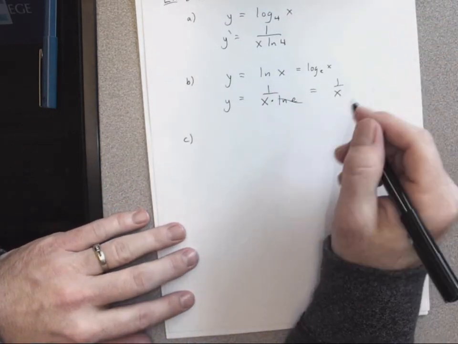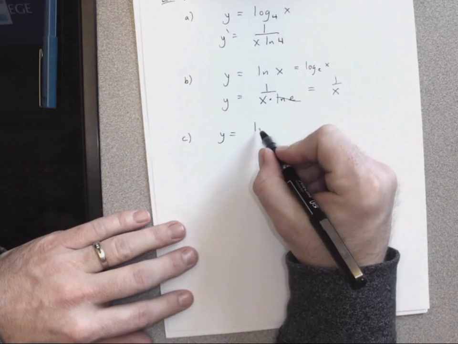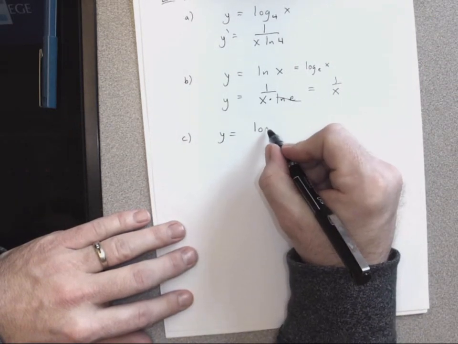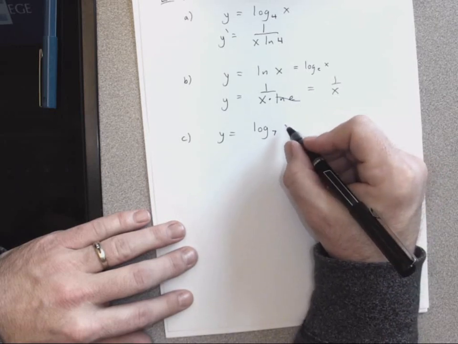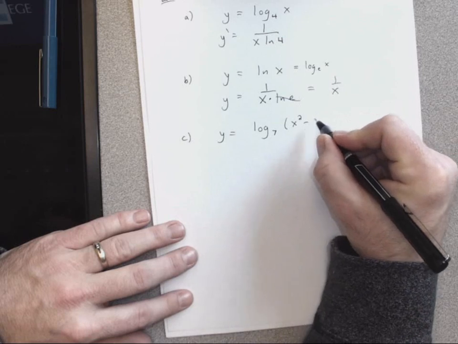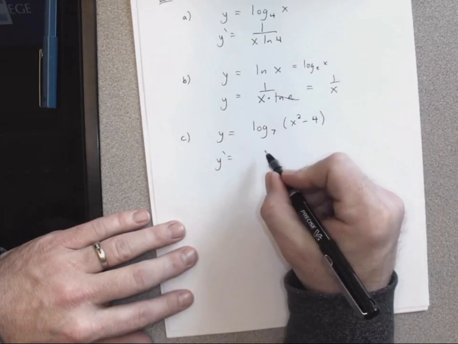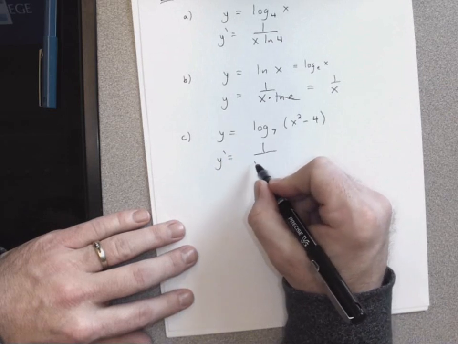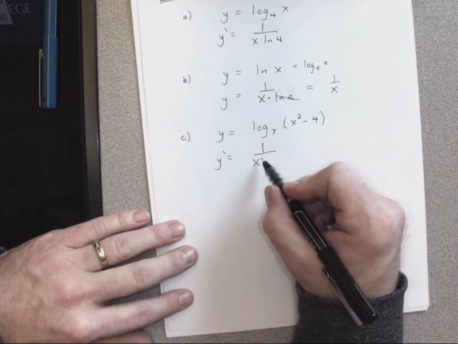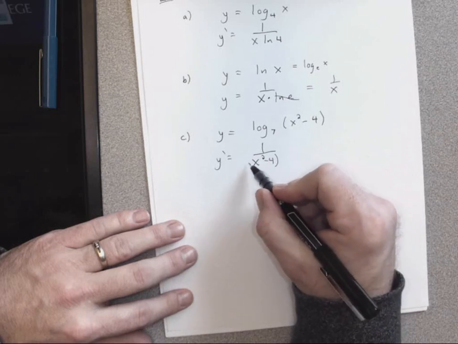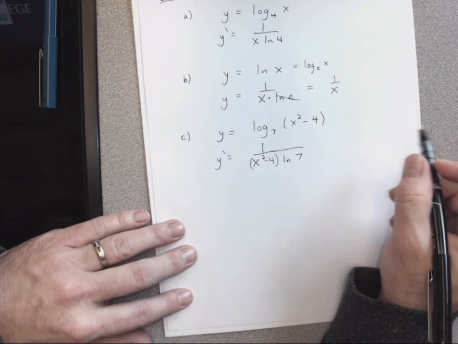So what about y is equal to the log base 7 of x squared minus 4? Well, what we know is that y prime is going to be, remember it's a logarithm, 1 over whatever this is, x squared minus 4, divided by the natural log of that base.